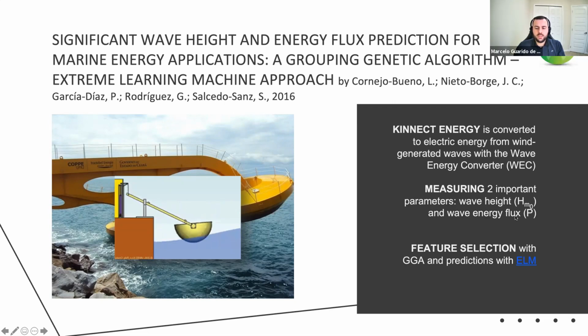And they work here by doing a feature selection with this GGA, the grouping genetic algorithm, and the predictions using this extreme learning machine.